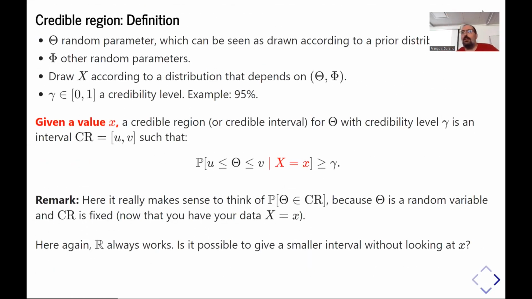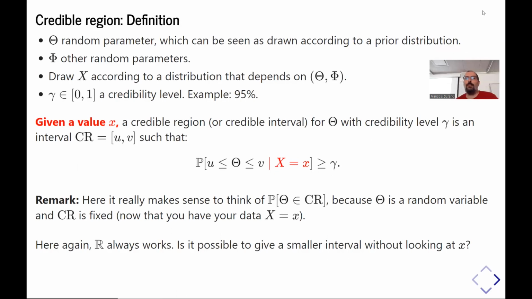Okay, so now let's look at the Bayesian way with what is called a credible region, or you can say also credible interval, but it was convenient for me to have different acronyms, so I preferred the terminology credible region to denote it by CR. So now in the Bayesian interpretation, theta is not fixed, it's not a state of the world. It's something that is random.